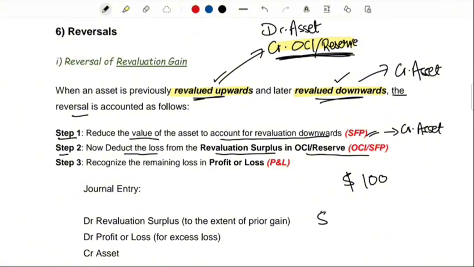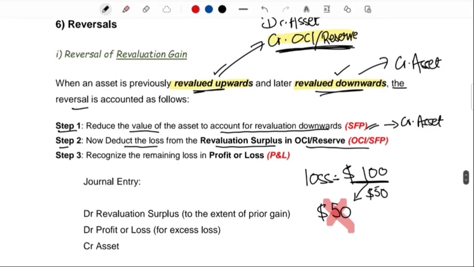So for example, that is a $50 gain sitting in my reserve account. I will take this loss, and from this loss I will take $50 and use it to first eat this gain. I will eliminate this from my account.